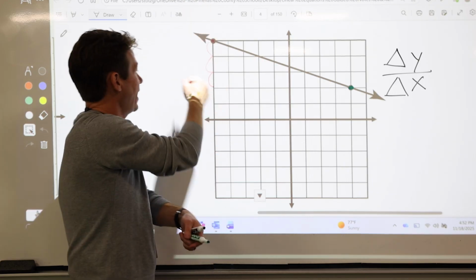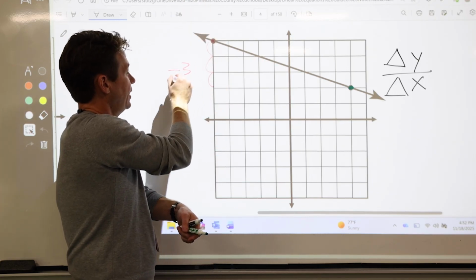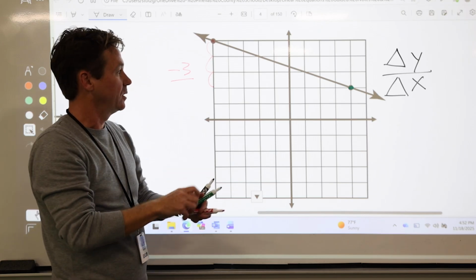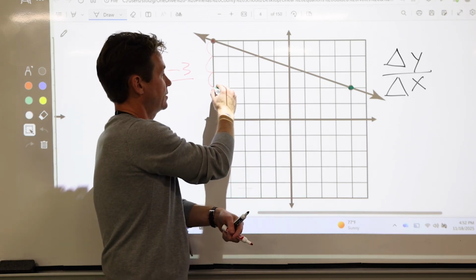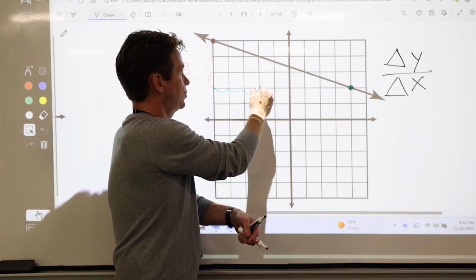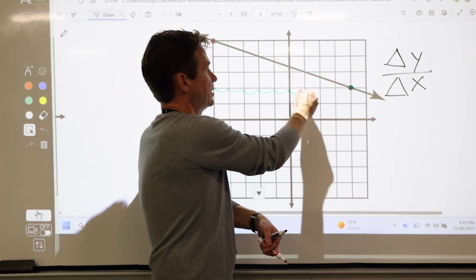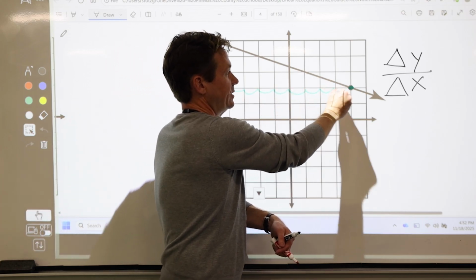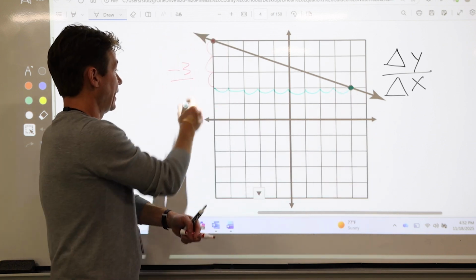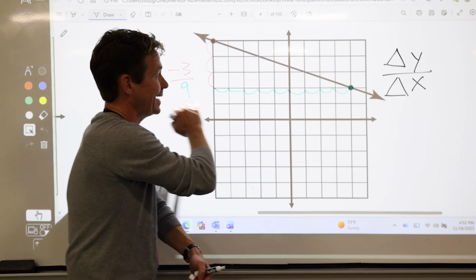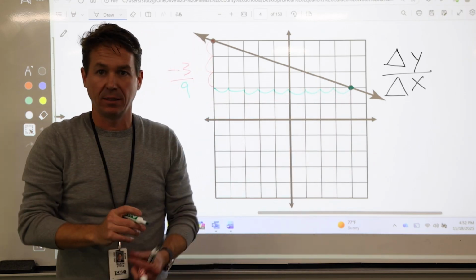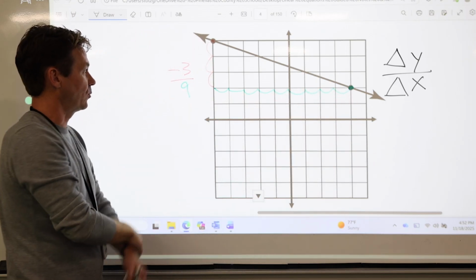So I went down -3. That's going to be over my horizontal change, my change in x. So I'm going to go 1, 2, 3, 4, 5, 6, 7, 8, 9. I went over to this side, so it's +9. All right, but I have -3 over 9.